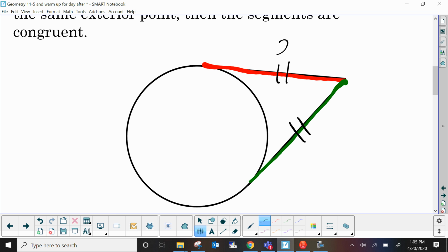So if this one's 2, this one is 2. If this one's 21, then this one is 21. If this one is 321, then this one would be 321. So no matter what, if you have two tangents to the same circle from the same exterior point, they will be congruent.